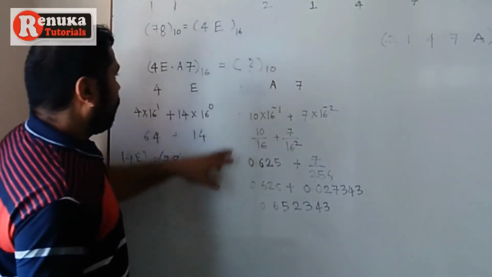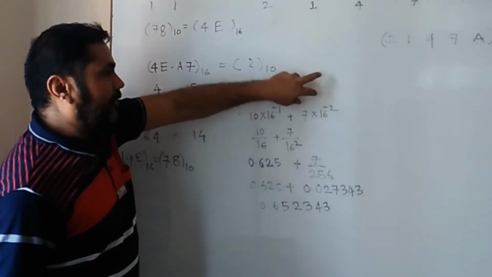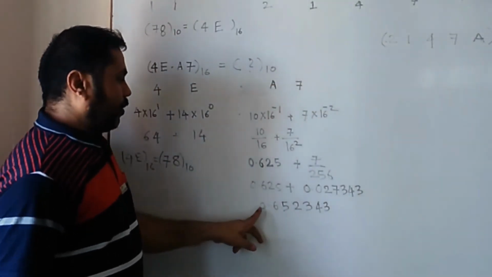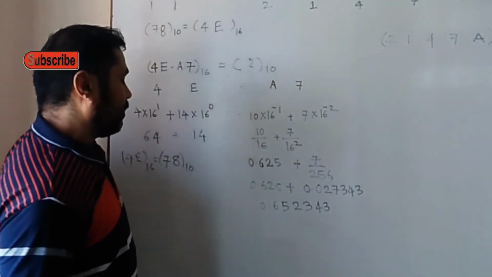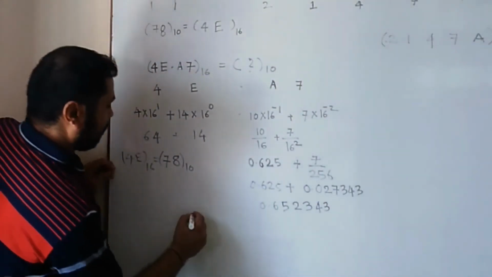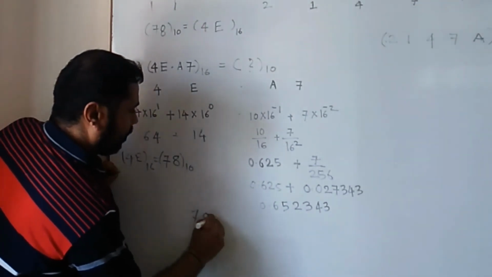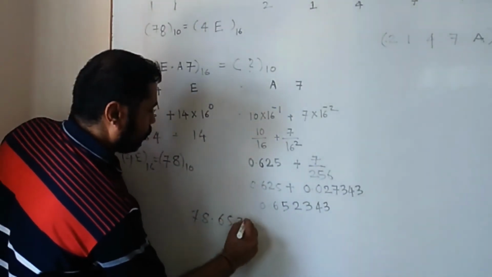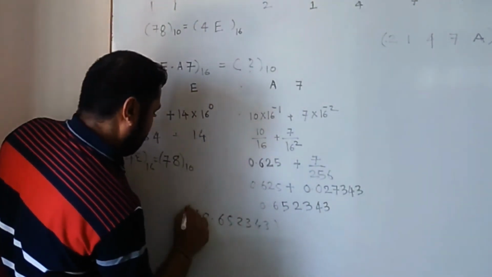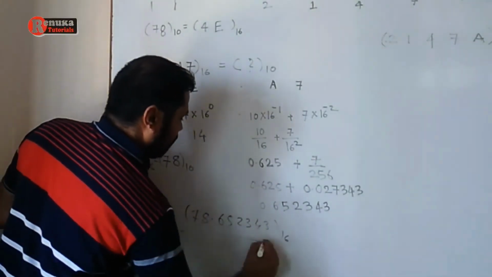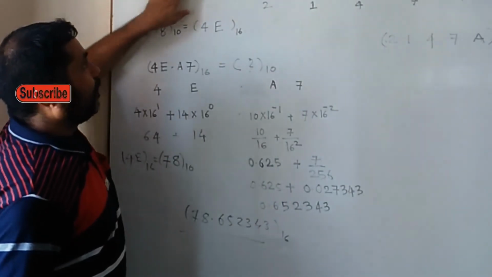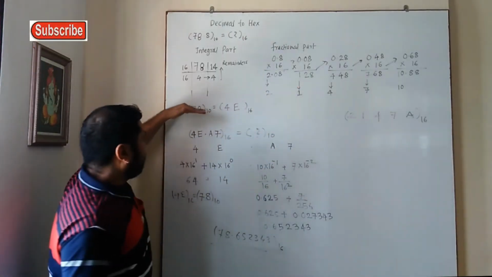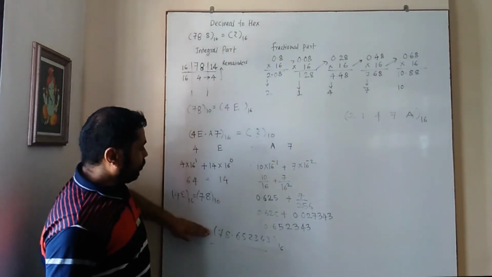In this way, .A7 in hexadecimal is found to be 0.652343 in decimal. So the complete answer will be 78.652343. So this is how we can convert decimal numbers into hexadecimal and hexadecimal numbers into decimal.